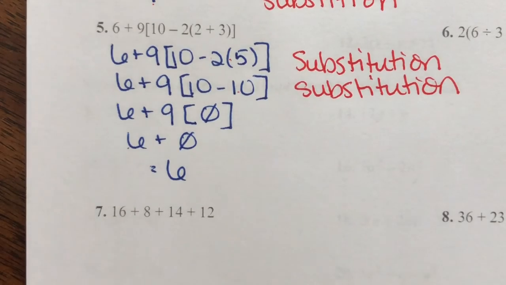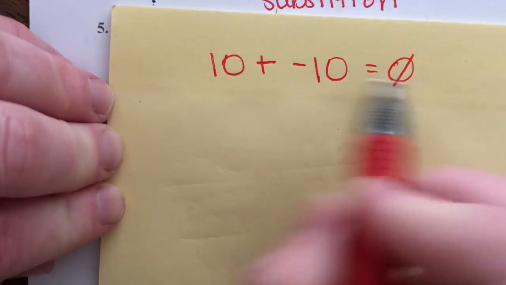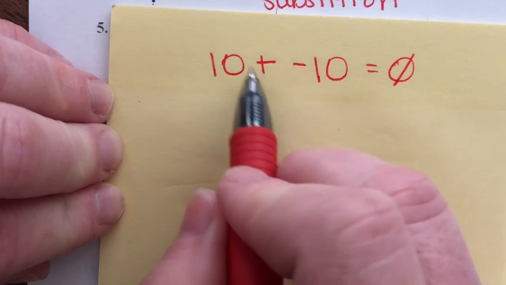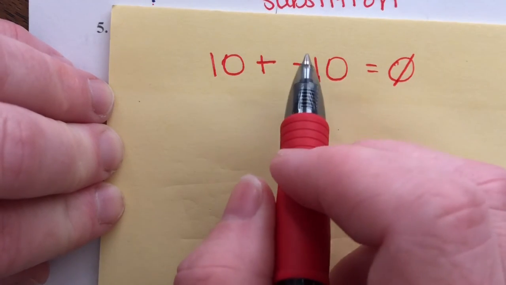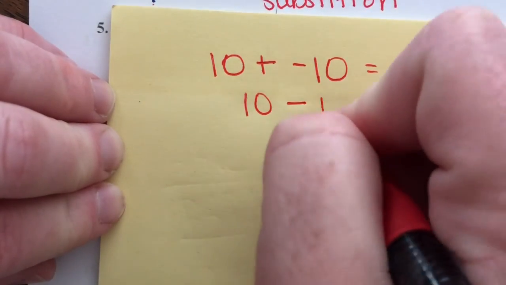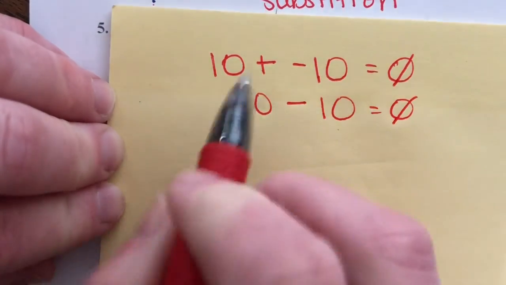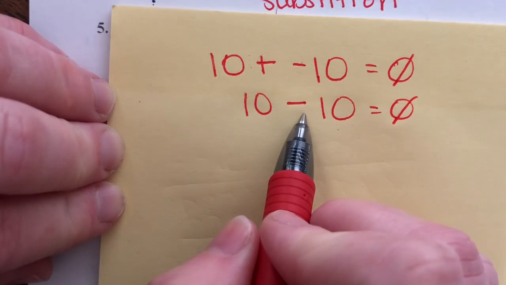I want to show you real quick. I'll just use a little Post-it here so I don't mess anything up. But if I said 10 plus negative 10, that's going to equal 0, right? But if I solve this problem, I can't leave plus minus together like this. So I'm going to replace this with 10 minus 10. These two signs touching are different, so I replace them with a minus sign.